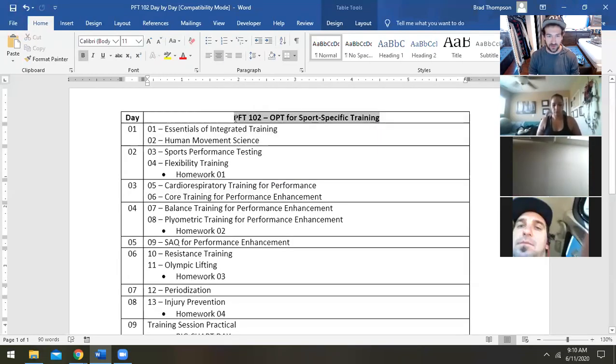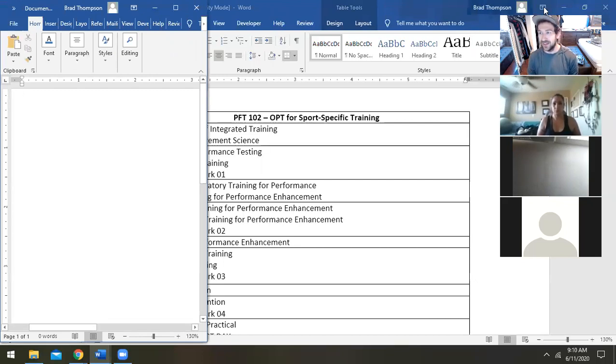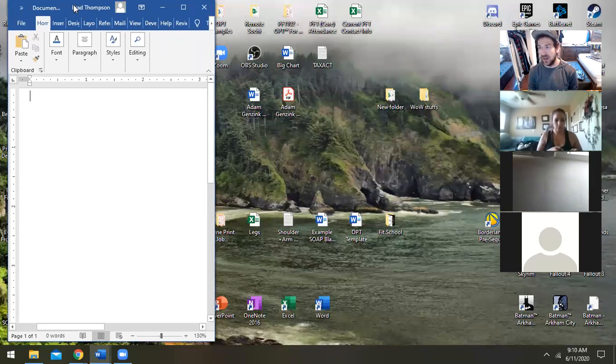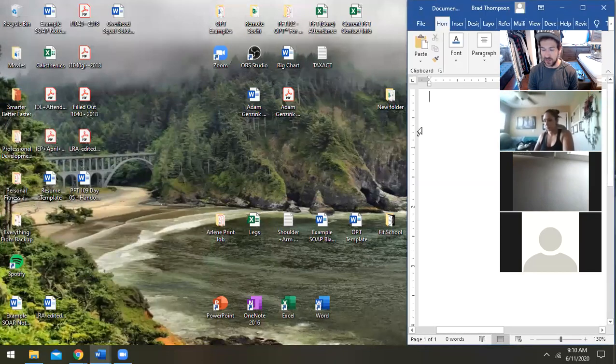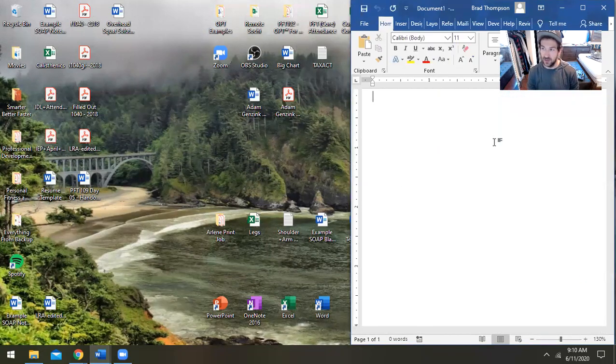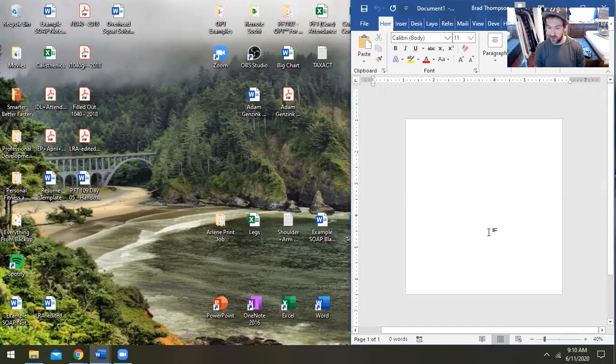So for this class, we are getting a new book. This is going to be a specific textbook. This is actually the only example, because a lot of the program design classes are taught out of packets, since NASM doesn't make textbook versions of those smaller certifications. The senior class is like this PDF book that we usually print for you guys.